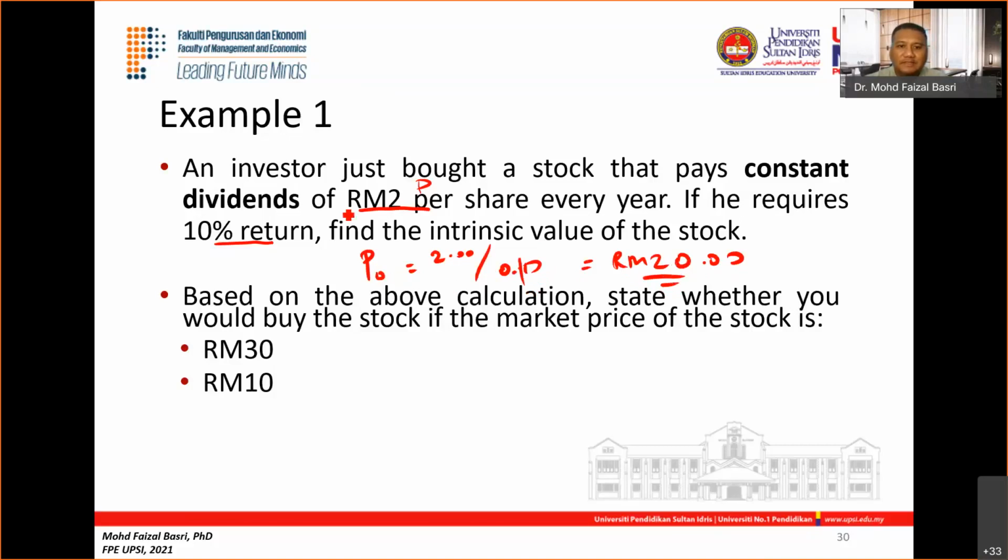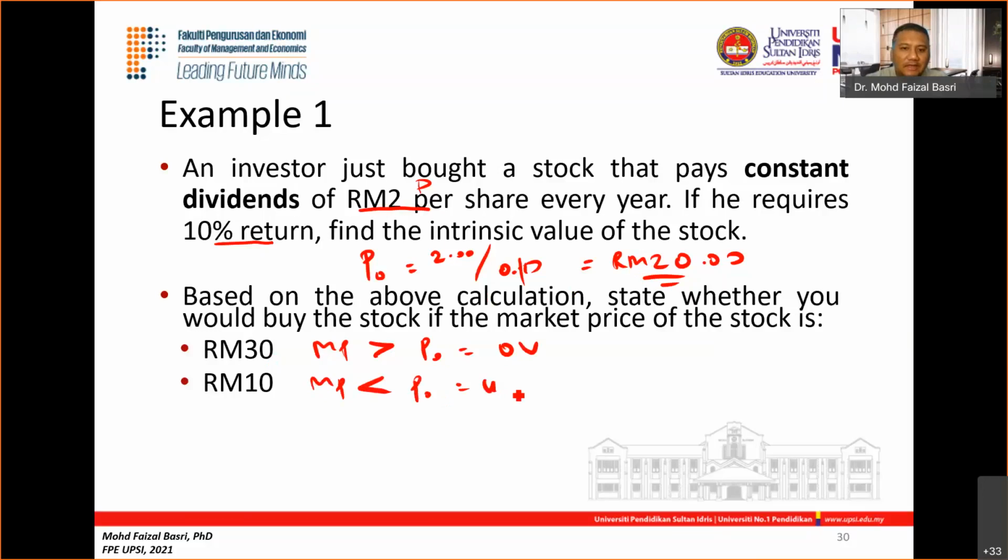So based on the calculations that we've done earlier, state whether you buy the stock if the market price is 30 ringgit. In this first situation, the market price is expensive compared to the P0. So this is overvalued. 30 ringgit is more than 20 ringgit. For the second scenario, the market price of 10 ringgit is less than the intrinsic value of 20 ringgit.